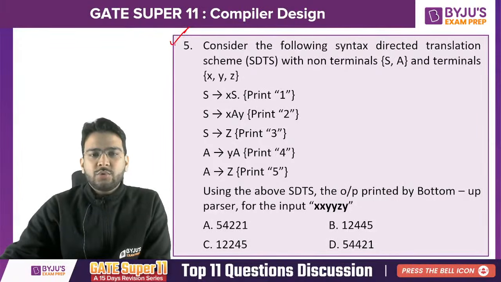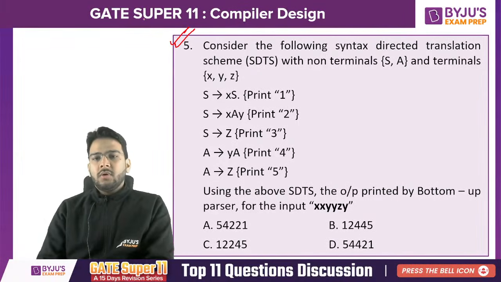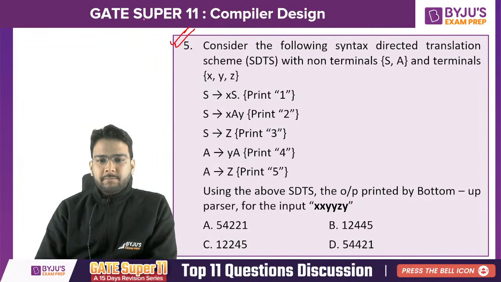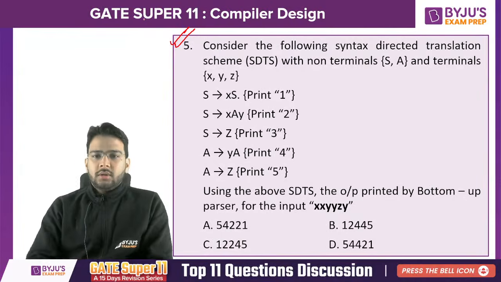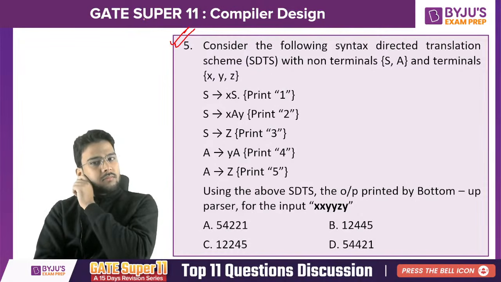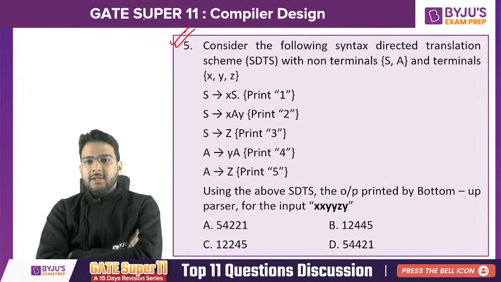Now let's solve this question number 5. You have to find the output printed by the bottom-up parser for this given input. Yes, guys. Everyone try to solve this question number 5 now. Let's see if you can answer this question or not correctly.